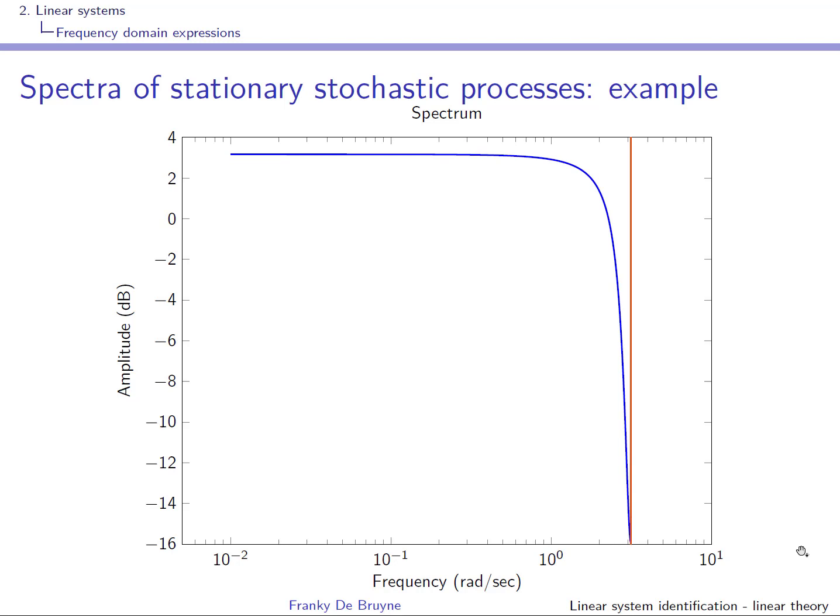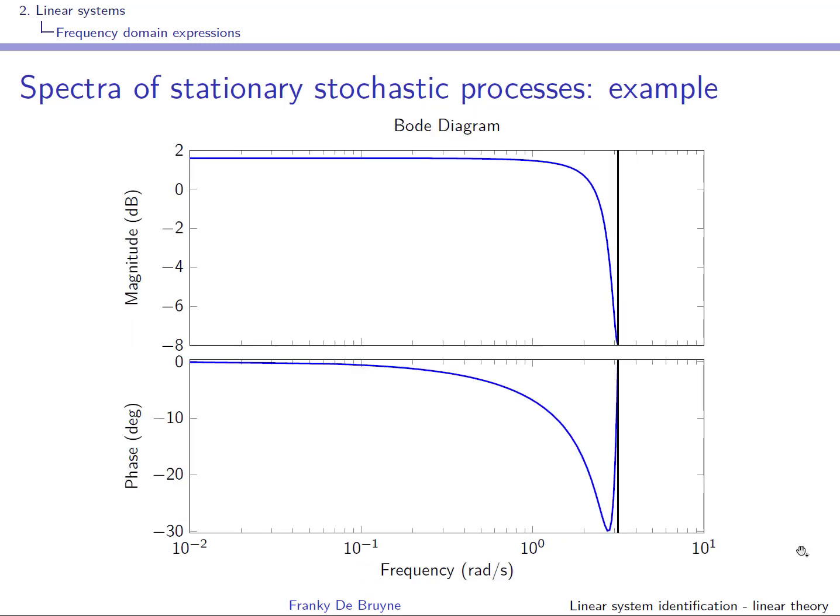If we look at the Bode diagram of H(z), this is what you have, and remember that phi of v is sigma squared times the modulus squared. So you take the modulus and you have to square it.